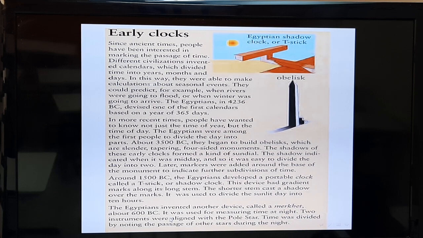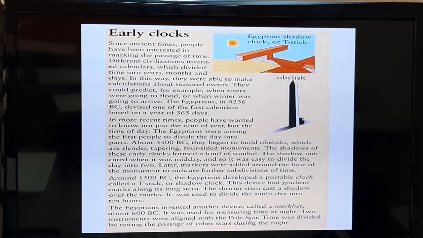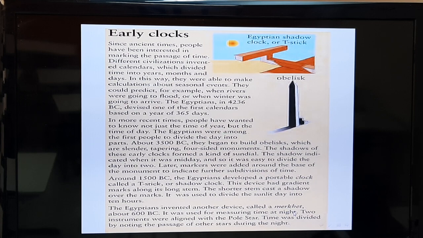Two instruments were aligned with the pole star. These two instruments are aligned with the pole star. Time was divided by noting the passage of other stars during the night. Okay, so be careful with all the information you have in this text.